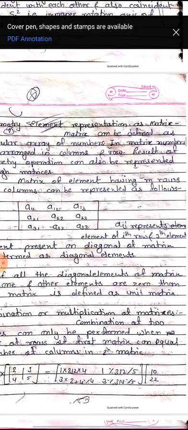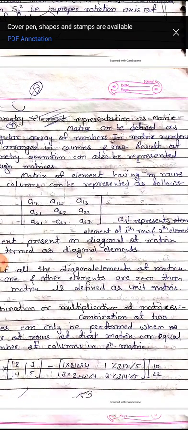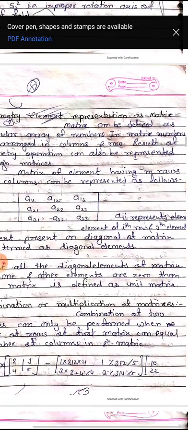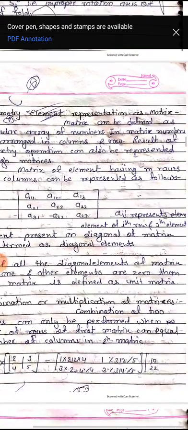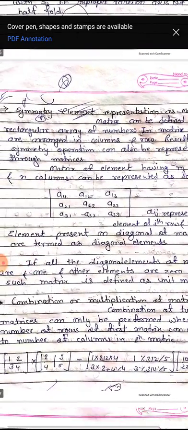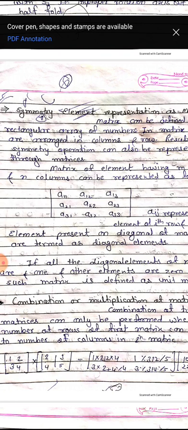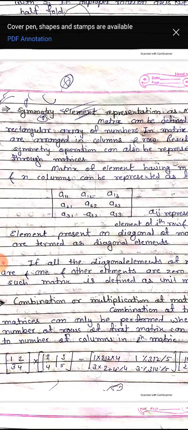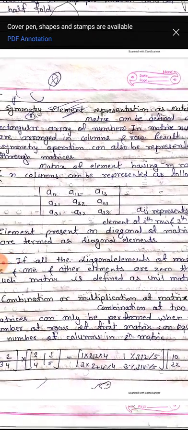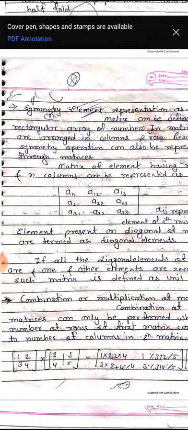Aij represents the element of the ith row and jth column. Elements present on the diagonal of a matrix are termed diagonal elements. Which are the diagonal elements in the above matrix?